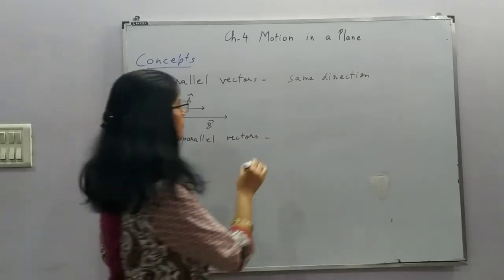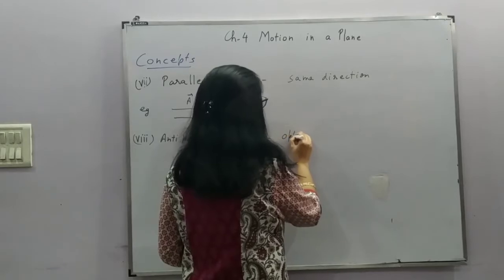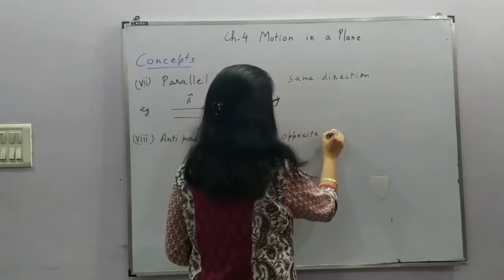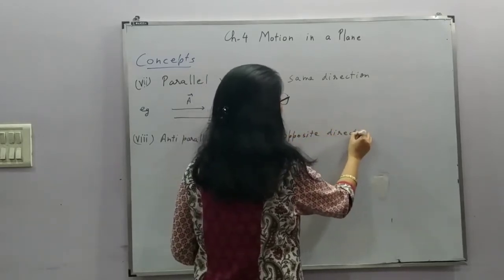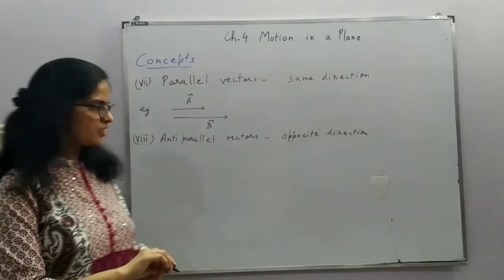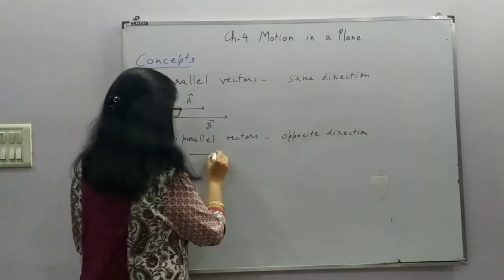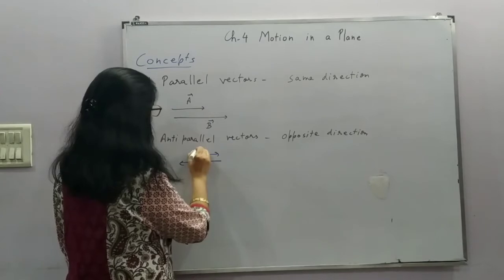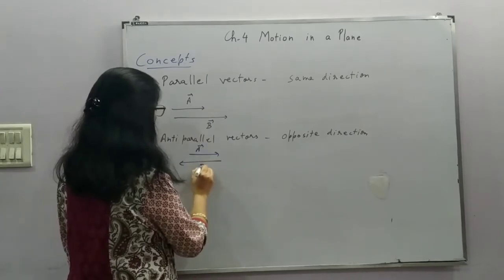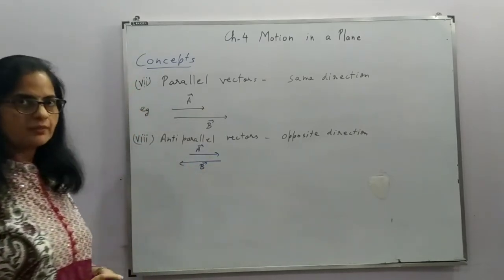These will have opposite direction. Opposite direction means if we have one vector this way, the other will be opposite to it. Right?